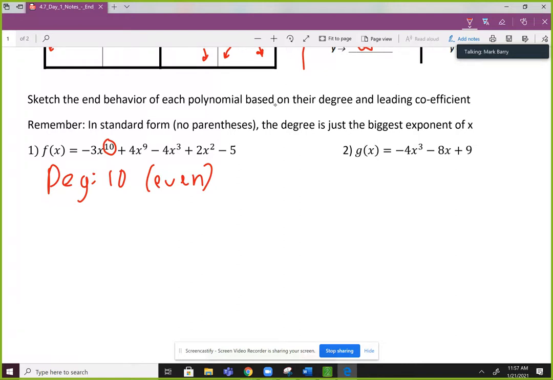All right, next thing we need is the leading coefficient. So the leading coefficient is the number out front. So in this case, that's -3.